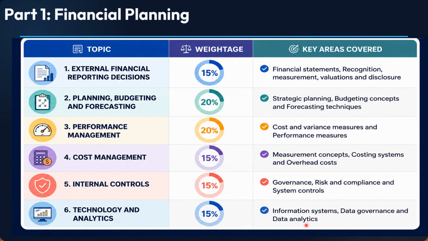As all of you know, the IMA keeps updating the CMA syllabus depending upon the latest trends. Since AI has come into our financial planning and other areas, definitely we as finance people have to be updated on these topics as well. So CMA has introduced technology and analytics as a part of that.